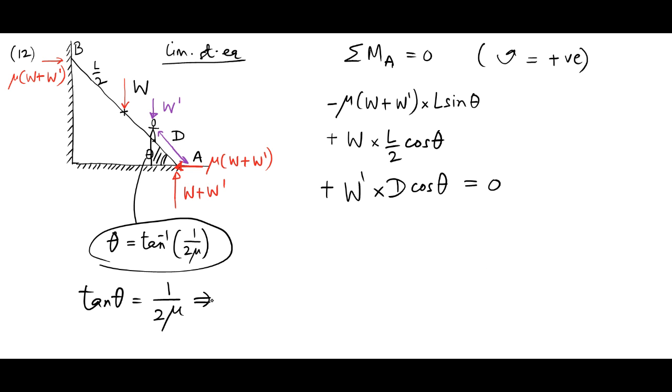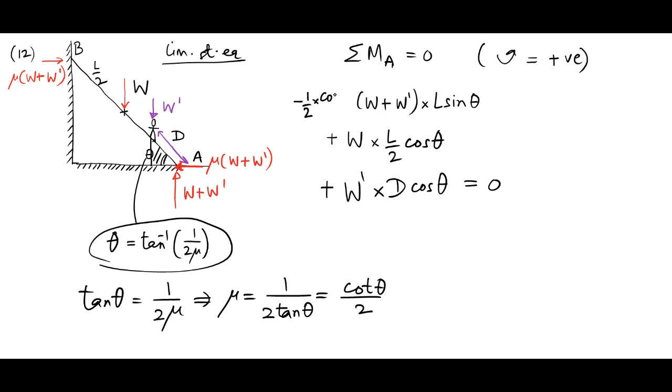Now this implies that mu is 1 upon 2 tan theta, and one can even say it's cot theta divided by 2, and this value I'm going to substitute over here. So minus mu, I'm going to write minus of cot theta by 2, and let's see what happens then. So minus half into cot theta.